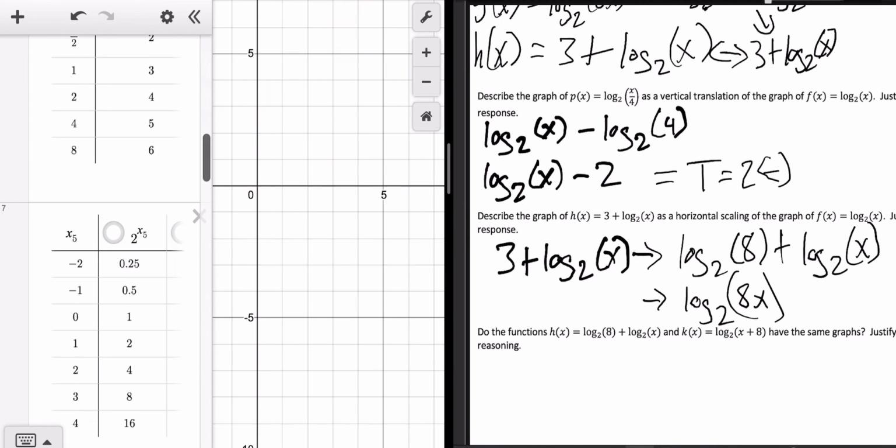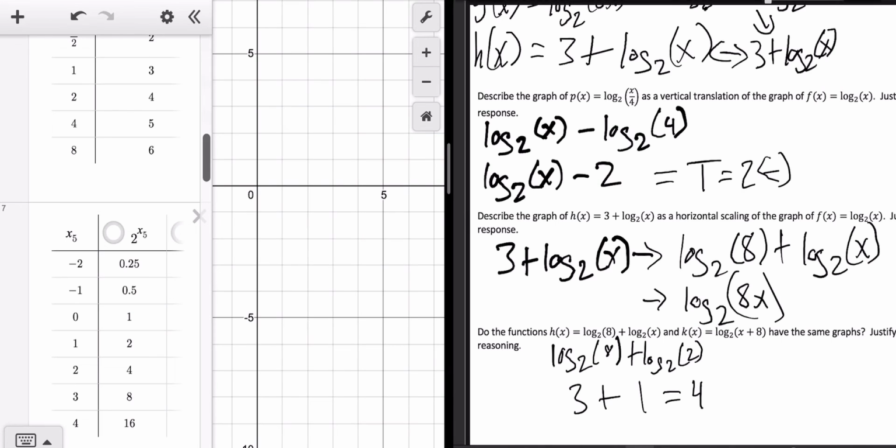Let's plug in, let's do log base 2, so let's just do 2. 2 will work. So we'll have log 2 of 8 plus log 2 of 2. So that's going to be 3 plus 1, which is equal to 4.